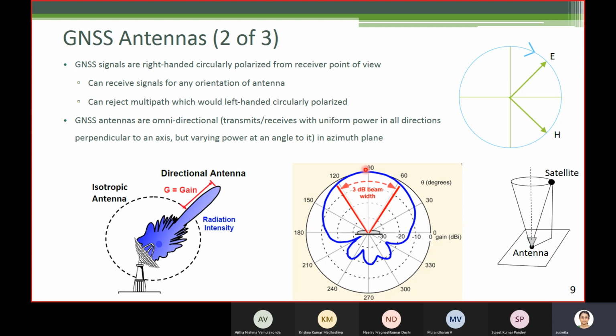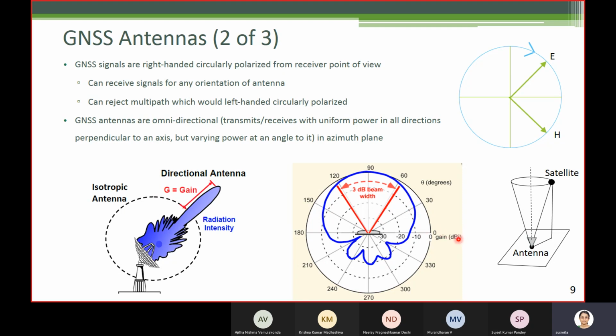Okay? This blue line shows the gain for different elevation angles. For example, when the satellite is at 90 degree elevation, gain is the same as that of an isotropic antenna. When it is at 30 degree elevation, this much gain is applied. So this is 0, this is minus 10. It will be somewhere in between, near minus 10, say minus 6 dBi.